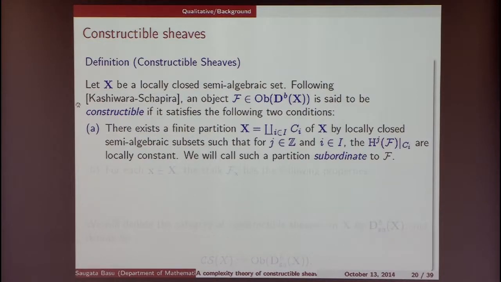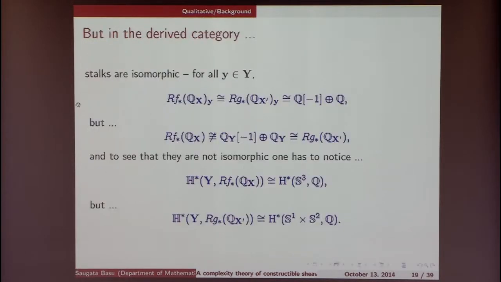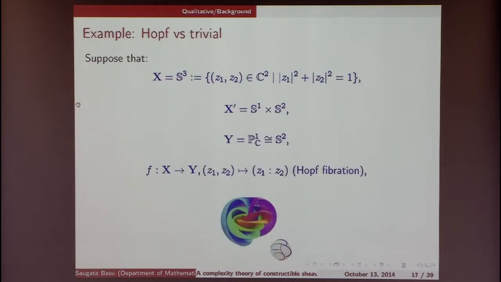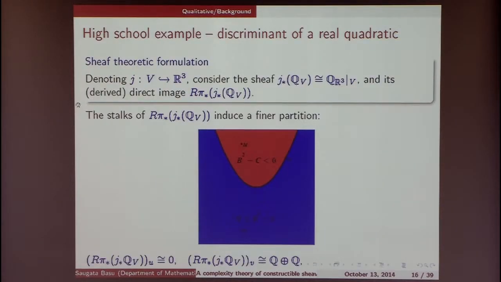just a finite partition into locally closed semi-algebraic sets, such that the cohomology sheaves are locally constant on elements of this partition. So in the case of the high school example, this is satisfied by this partition.